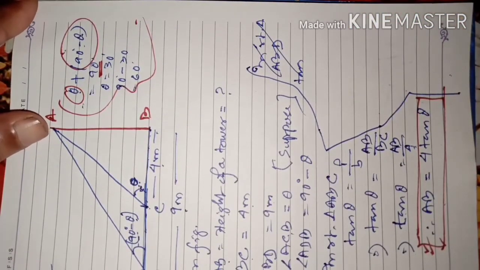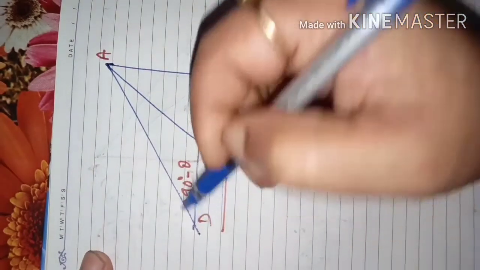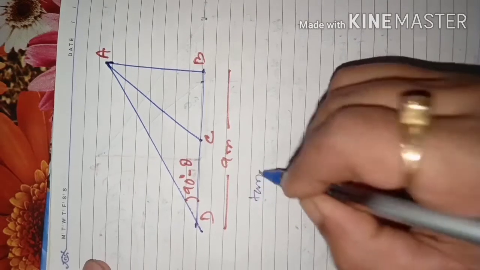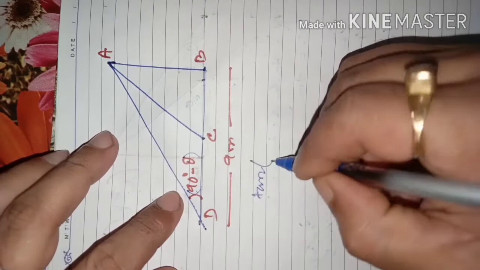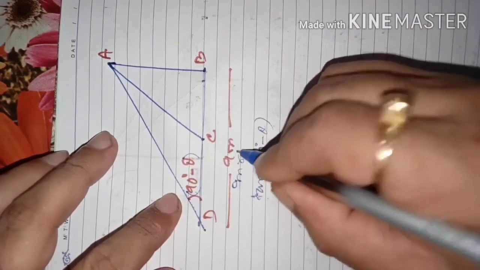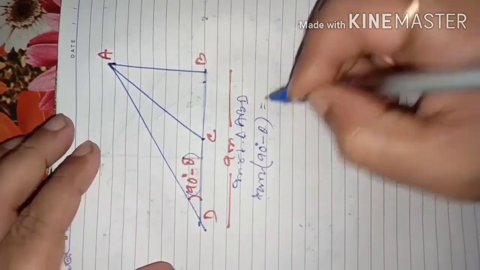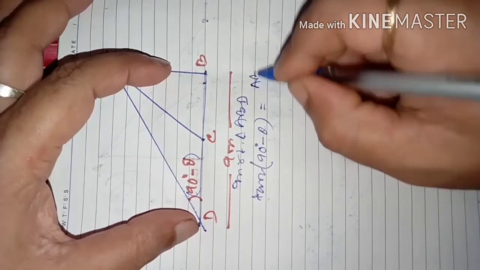In right triangle ABD, we take tan of this angle. What is this angle? 90 minus theta. So tan of 90 minus theta in right triangle ABD is equal to perpendicular by base, AB by base BD.